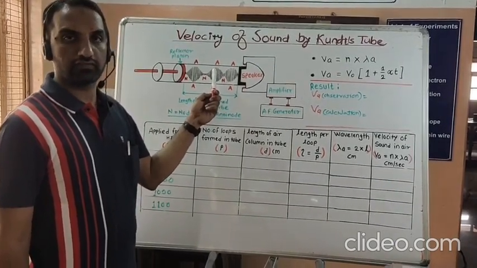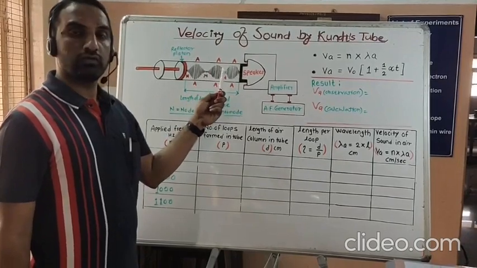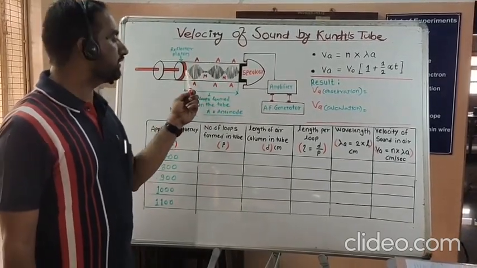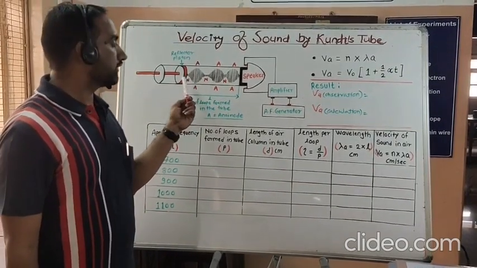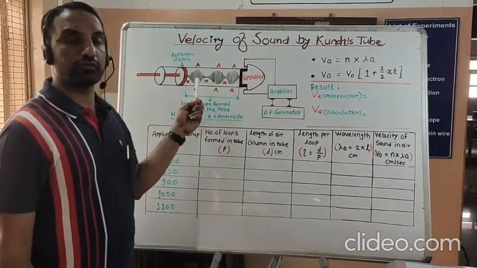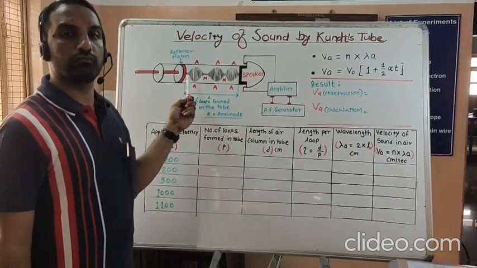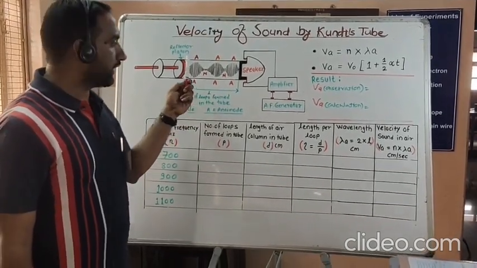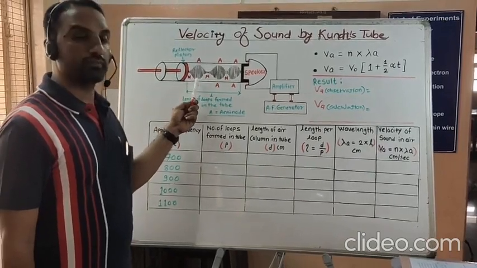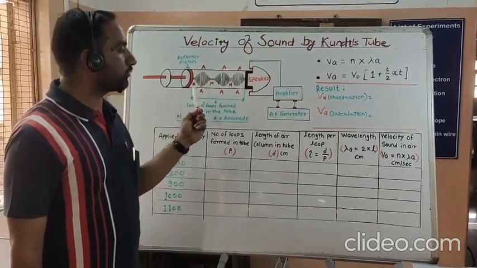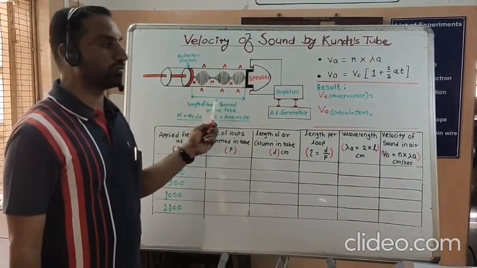That wave is called a stationary sound wave, whose nature is in the form of loops. In a single loop, there are two nodes and one antinode. The node is a position in a loop where amplitude is 0, and at the antinode the amplitude is maximum. In this way, the number of loops and the total length are to be measured.